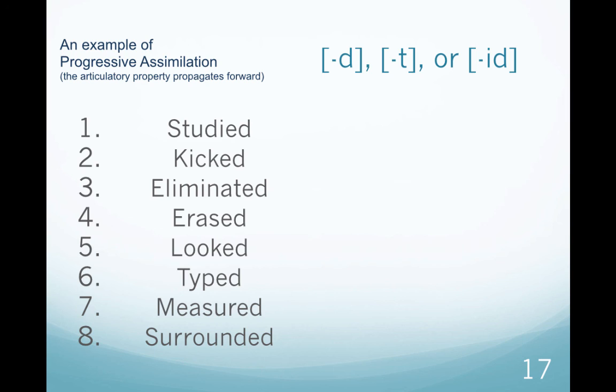Basically, if you have a voiced consonant or vowel, you use d. If you have a voiceless one, you pronounce it as t. And if the sound finishes in t or d sound, then it would be id. The allophones for the regular past ed are d, t, and id.